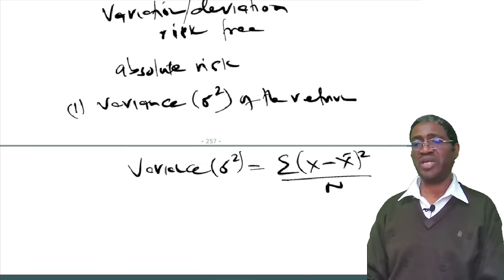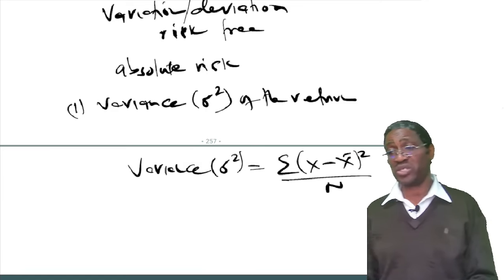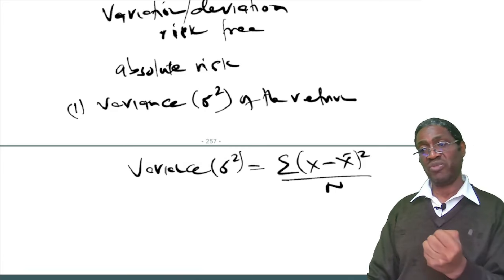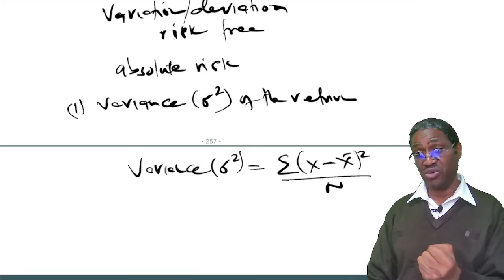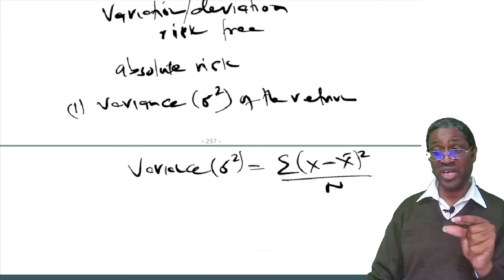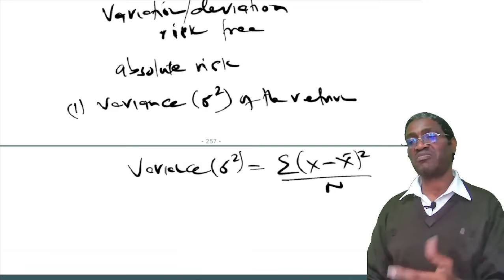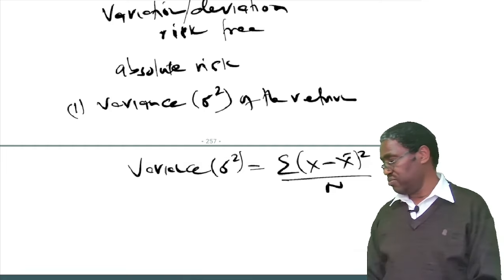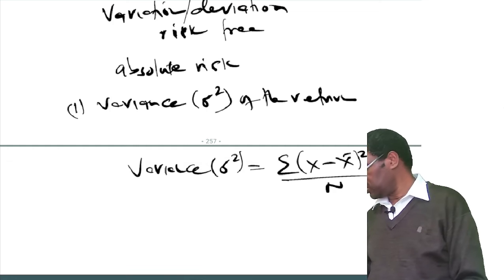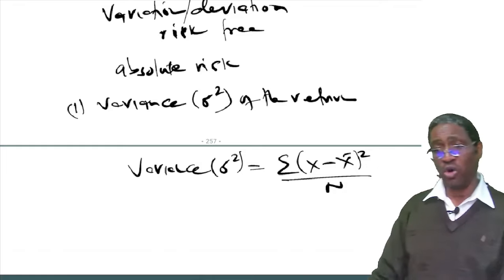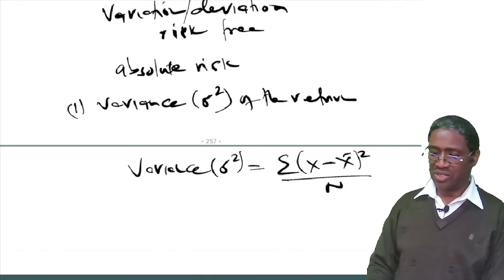That's how we shall be computing the variance. Get the deviations first from the mean of x values, square them, get the sum of those squared deviations, and you divide that by the number of observations. That's one measure of risk.